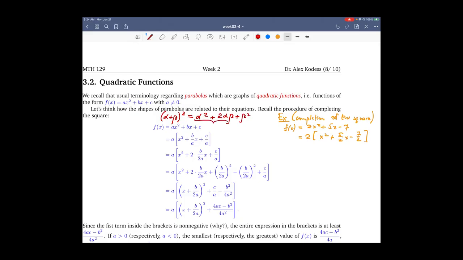So we concentrate for now on the first two terms, right? Well, first of all, I want to create a 2 in front of b over a, so I multiply and divide by 2. If I do this here, I will get x squared plus twice times 5 over 4 instead of 2, x minus 7 halves.